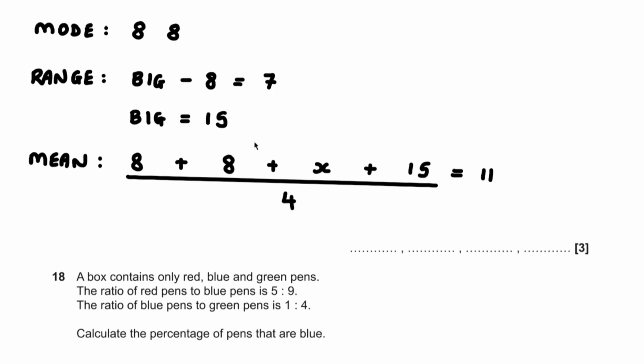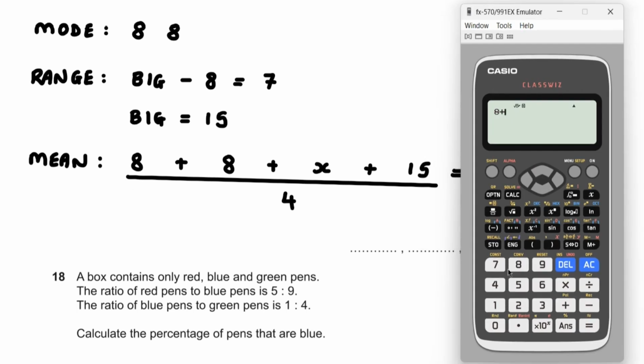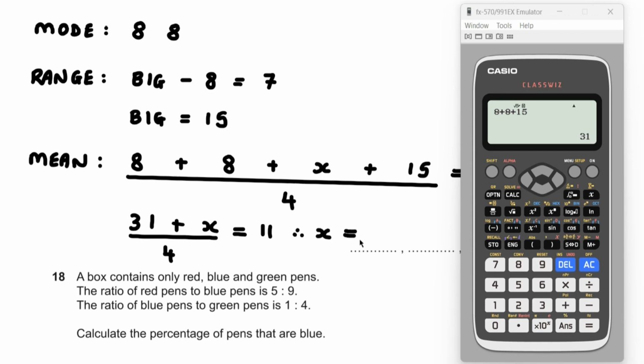So, what do I have here? I've got 8 plus 8 plus 15, which is 31. So I've got 31 plus x over 4 equals 11. So what I can do is find out what x is, my other number.